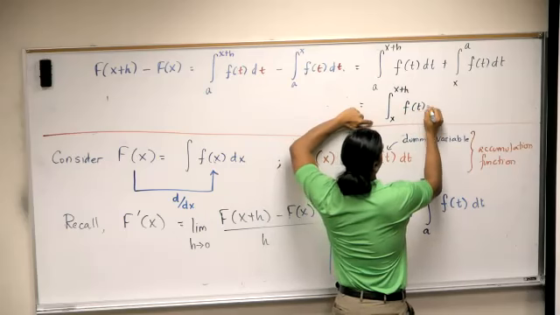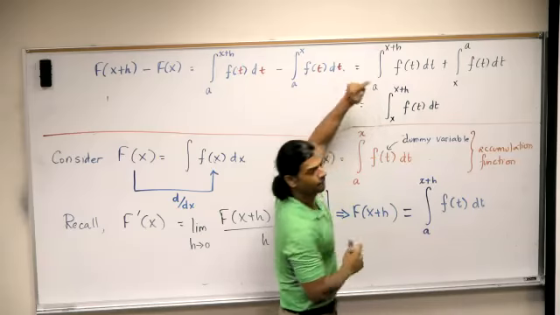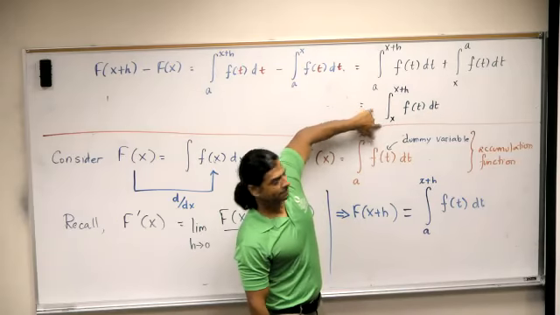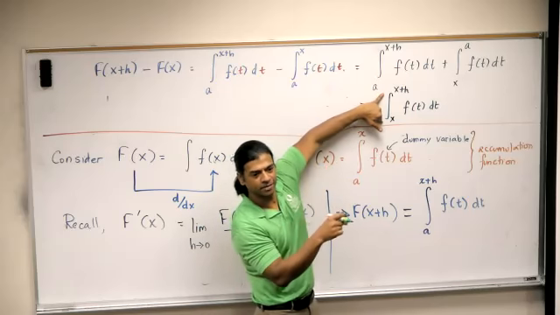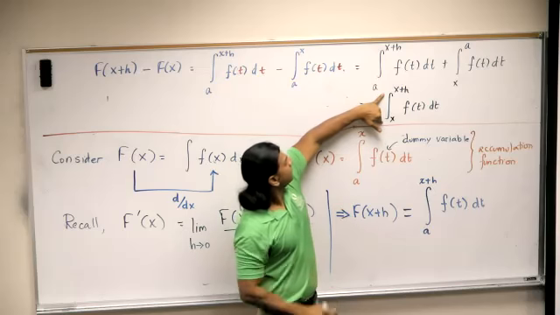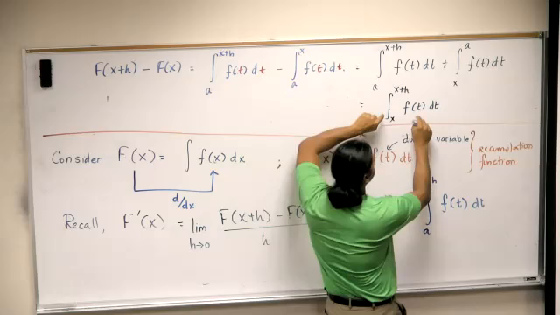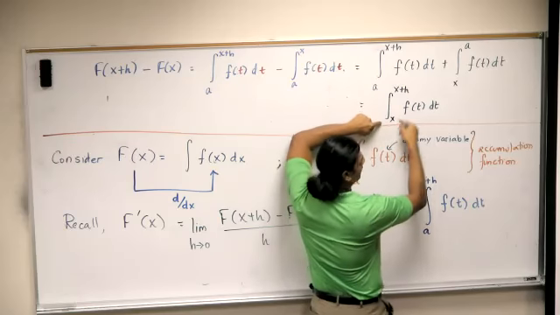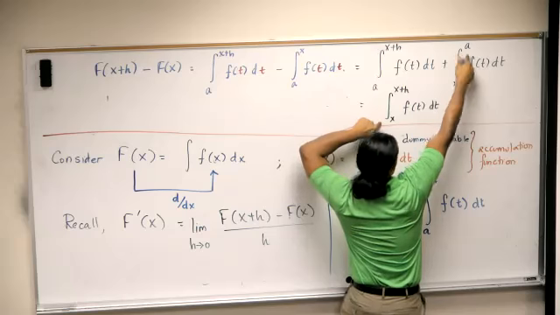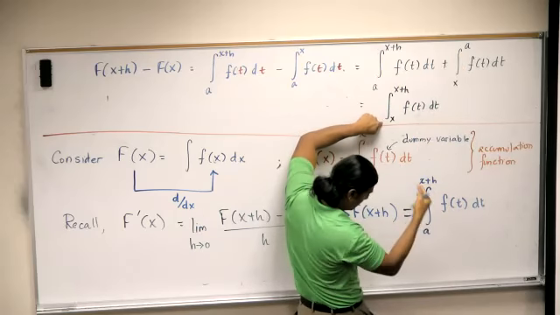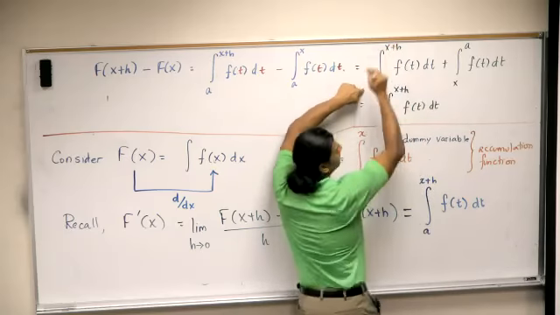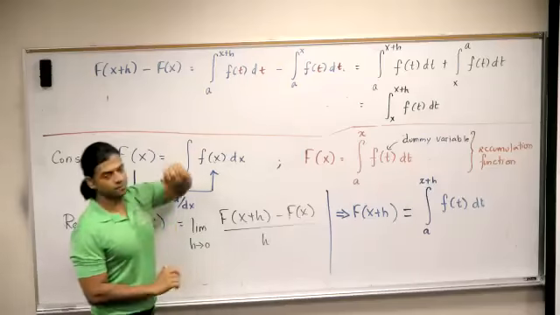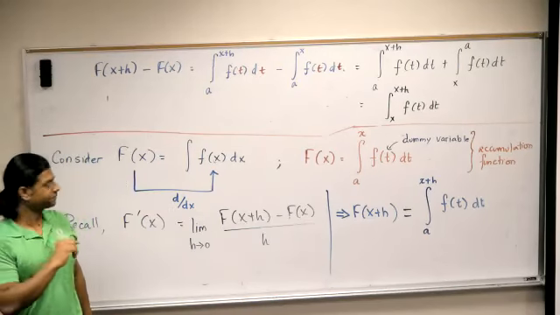If you go back and look at that property, A is x, B is x plus h. I picked a point in the middle. So I can write this as from x to a point in the middle, or not necessarily exactly in the middle, somewhere in between, and from A to x plus h. They are all the same. Good.